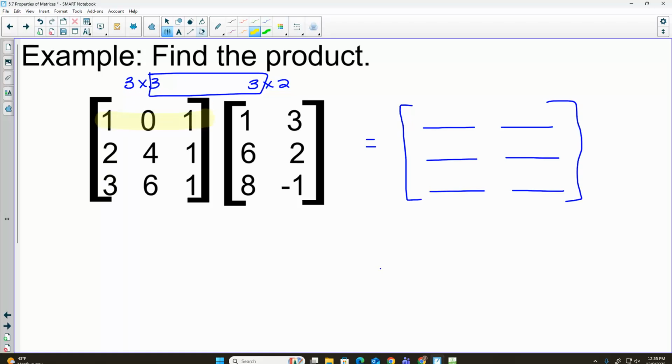So we start with first row. First row times first column. So 1 times 1 is 1. 0 times 6 is 0. 1 times 8 is 8. So we get 9.